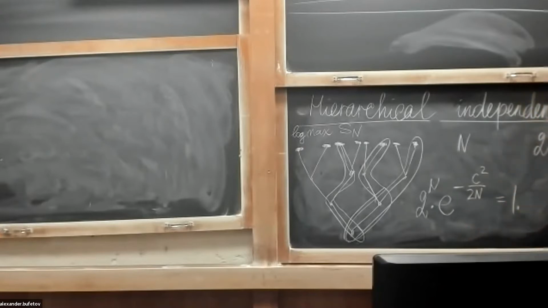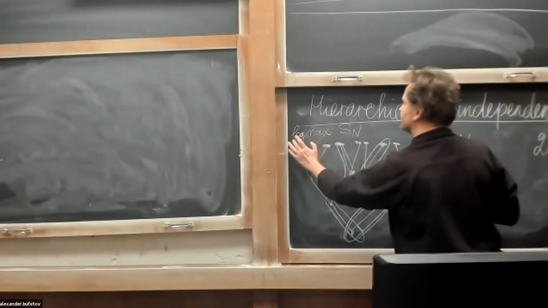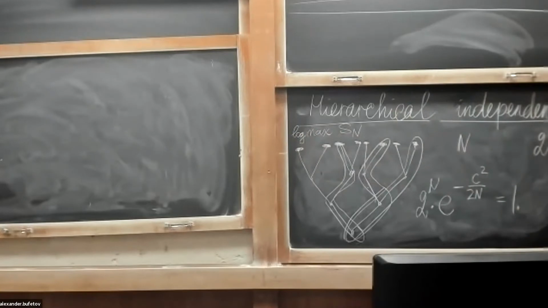Please remember that I'm only interested in the logarithm, not in the next term. It would be very interesting, by the way, to study the next term. If c is bigger than that, then the probability becomes exponentially small.